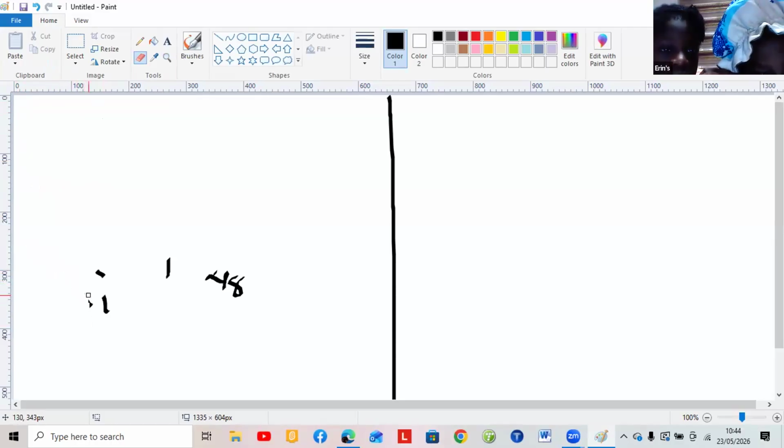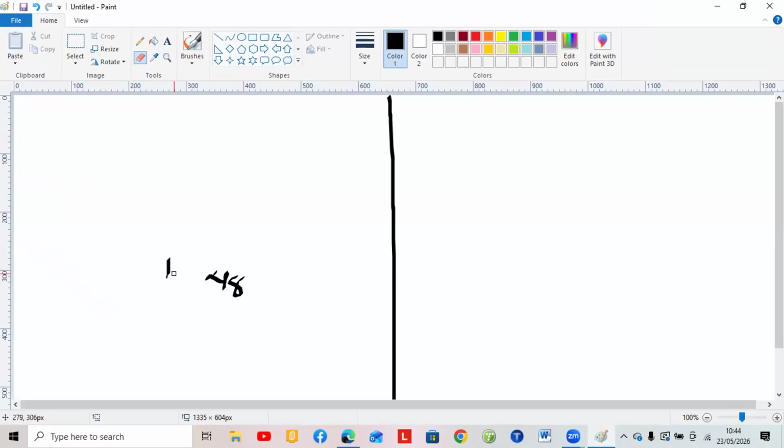Is this paint? Maybe you did not increase your eraser or something. You're clearing the screen, and I'm asking you a question. There's a question before us to solve, and you're clearing the screen. Is that what we're here for? That's not our priority. Please focus on what we're supposed to focus on.